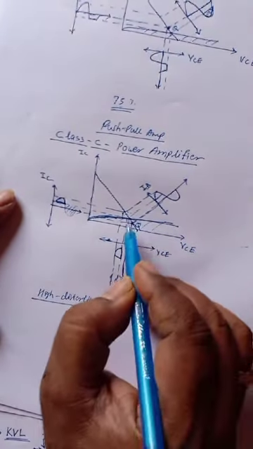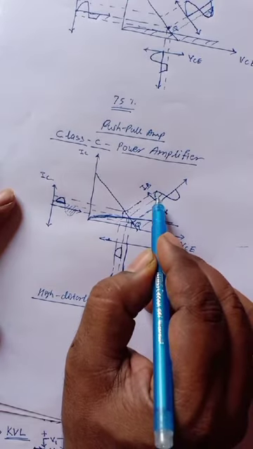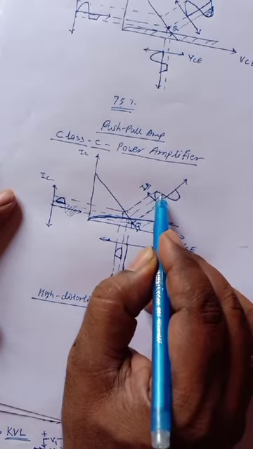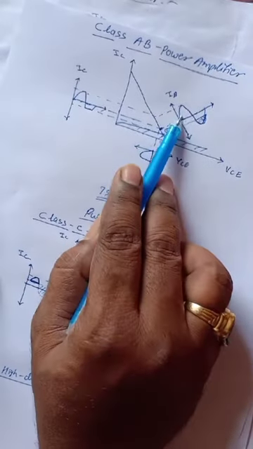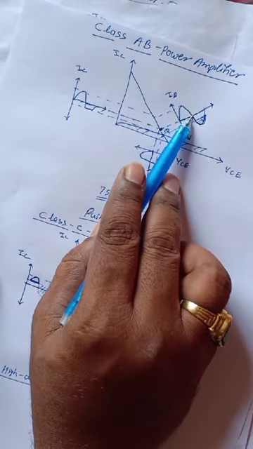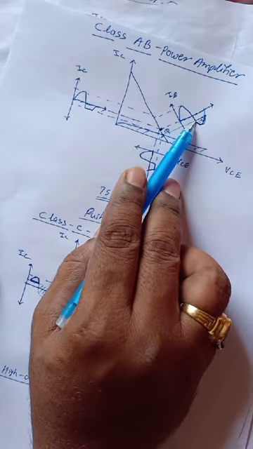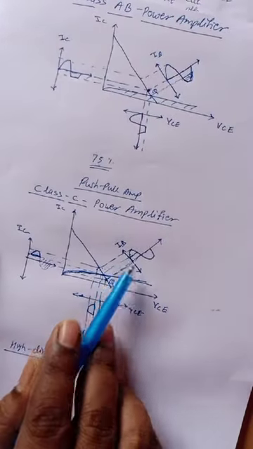So this transistor conducts less than 180 degrees, only for this part. In the earlier class AB, the transistor conducts greater than 180 degrees but less than 360 degrees, while here it conducts less than 180 degrees.